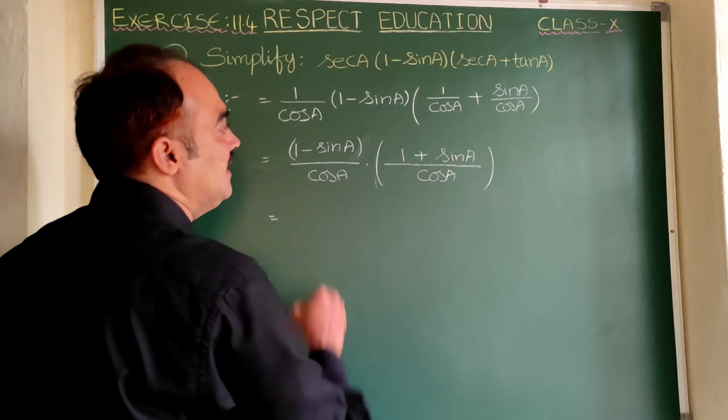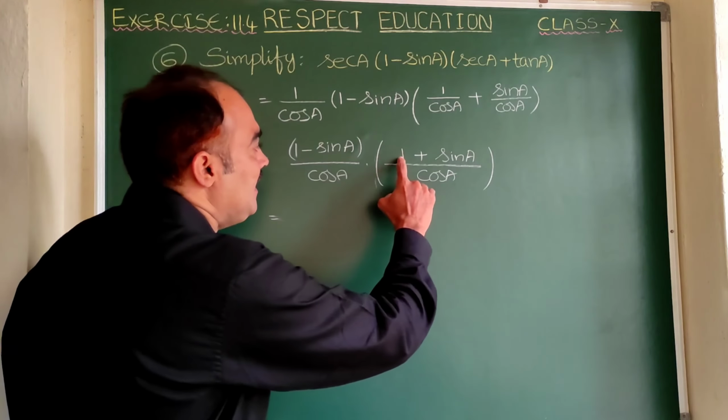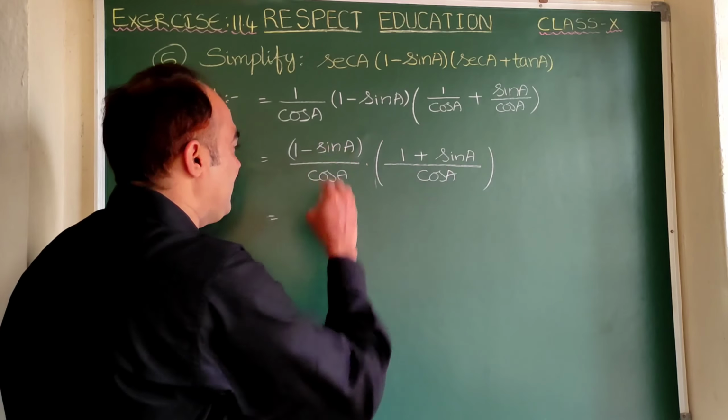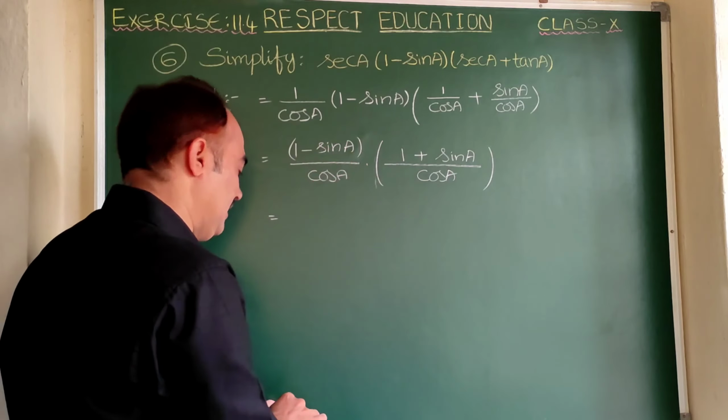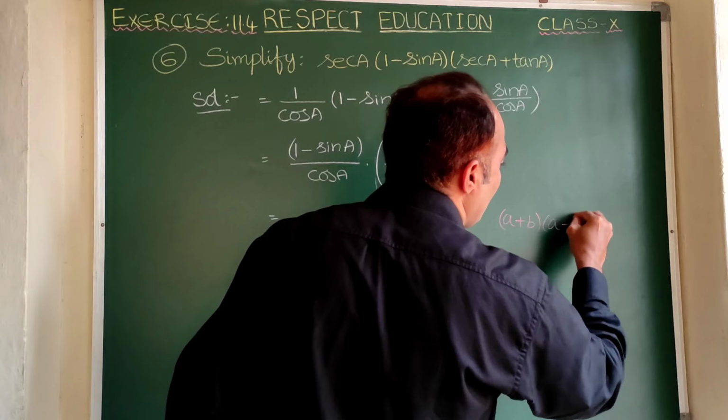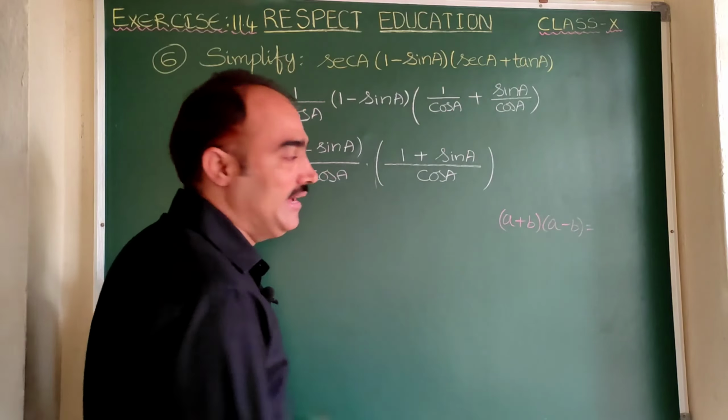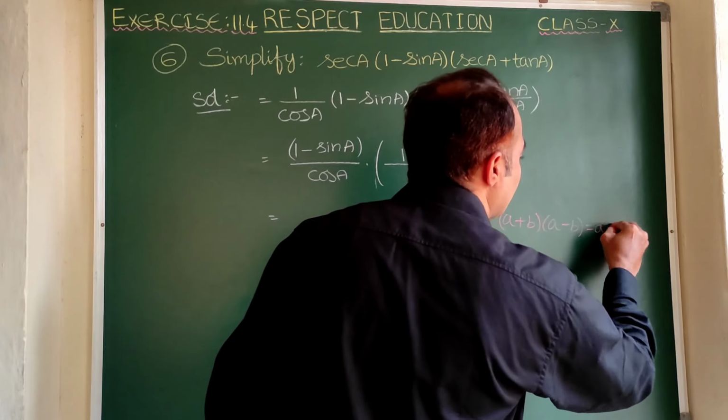Let us see here, there is a formula, that is A plus B into A minus B. What is the formula here? A square minus B square.